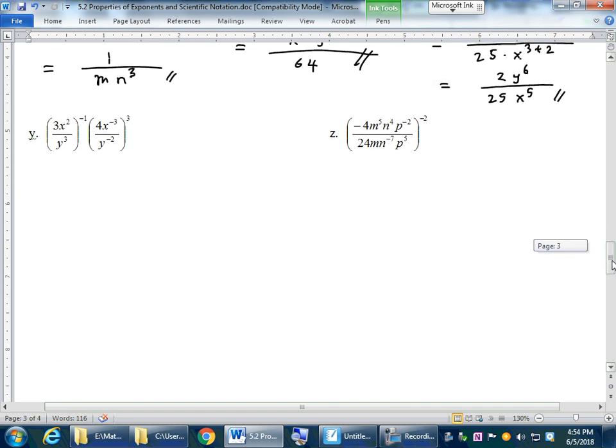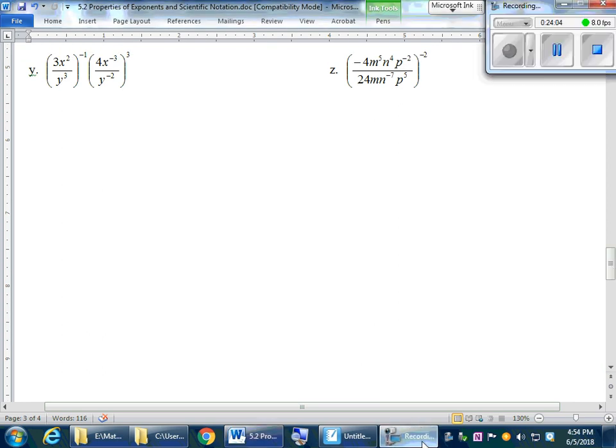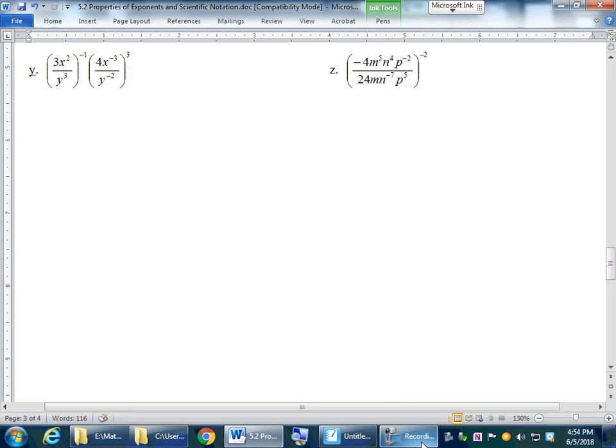Continue. So the next example and this one are very similar, right? So we're going to do the same thing. For the first factor, I'm going to apply property number 7 for negative exponent negative 1, so this will become y to the third over 3x to the second, reciprocating the base.